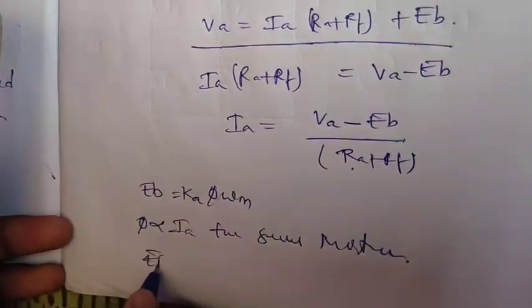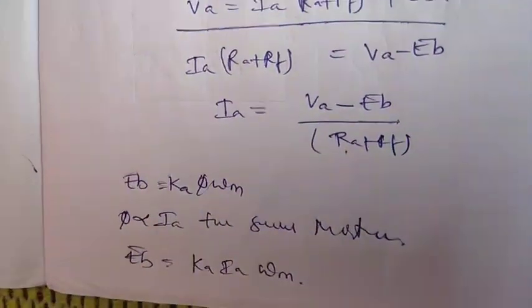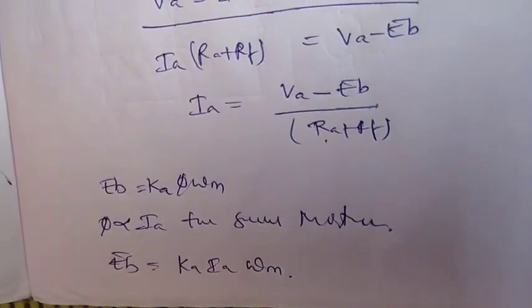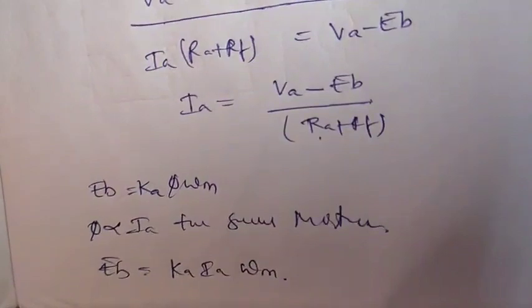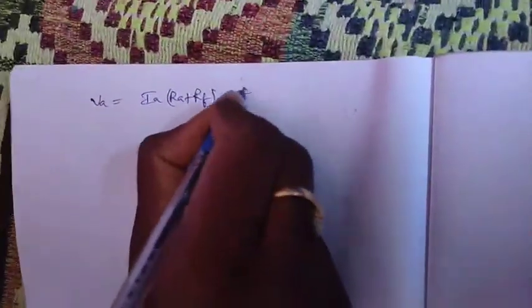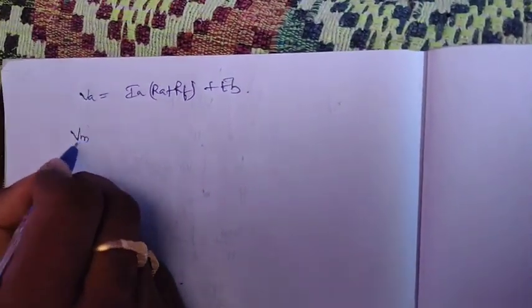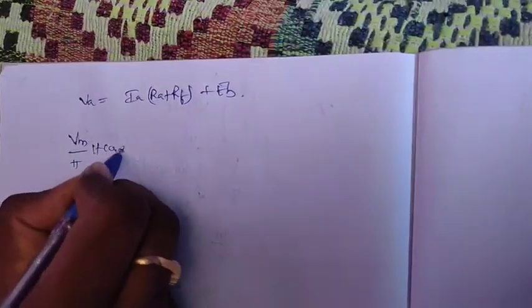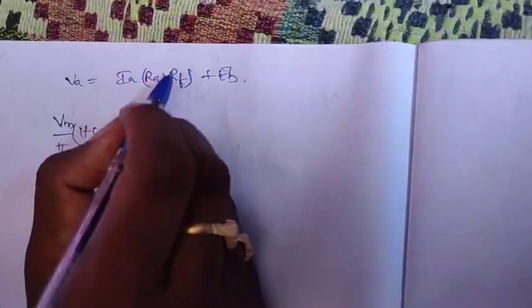So we can replace EB equal to Ka into IA into omega m and substitute that in the equation VA equal to IA (RA plus RF) plus EB. And the formula for VA is Vm by pi (1 plus cos alpha).